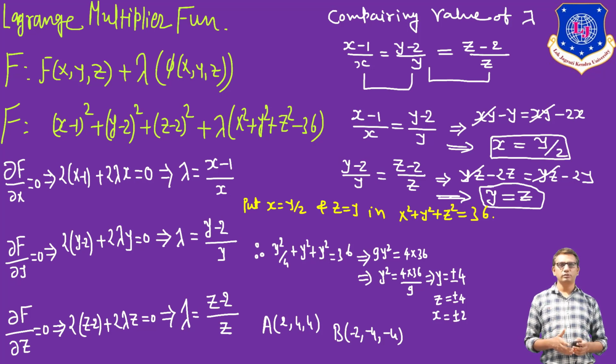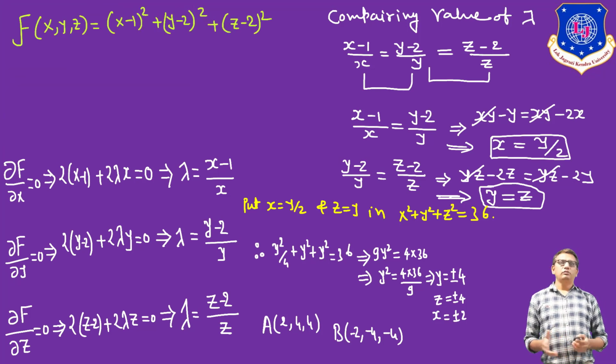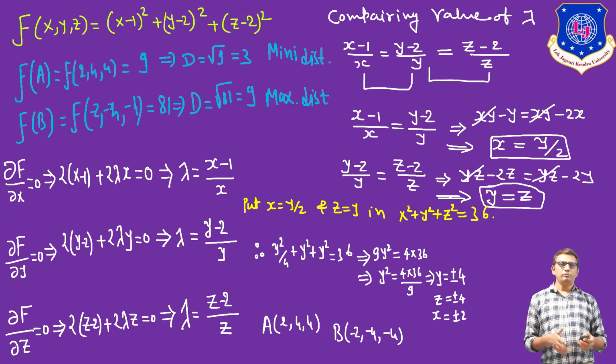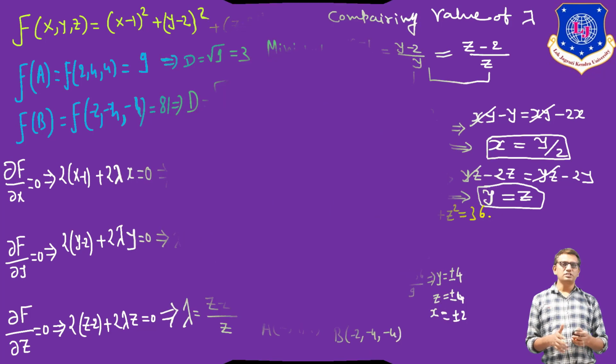This is a very important method. When some condition is given, we apply the Lagrange's multiplier method for optimization. Now we calculate our distance from the points A and B to P. Then A has the minimum distance of 3 and point B has the maximum distance. So that is the method to find the solution when a condition is given.